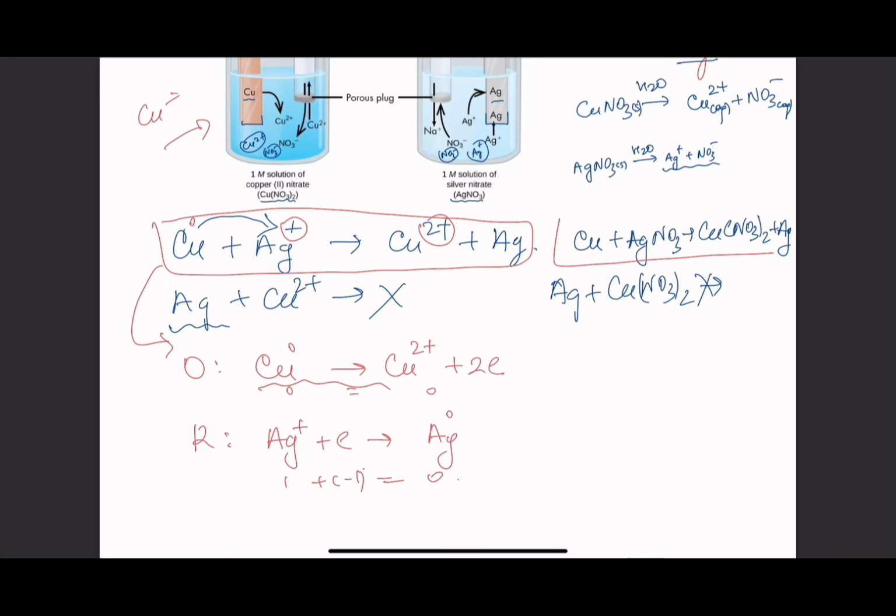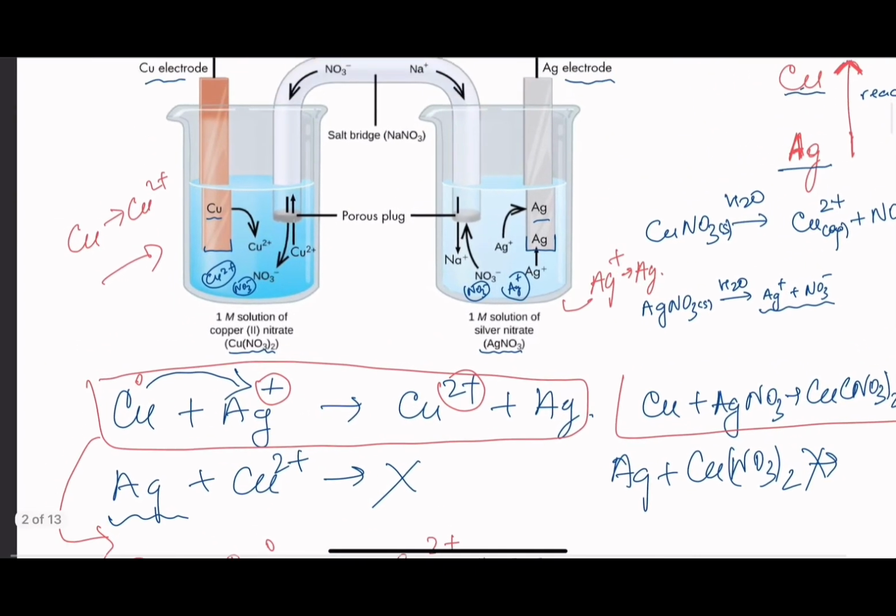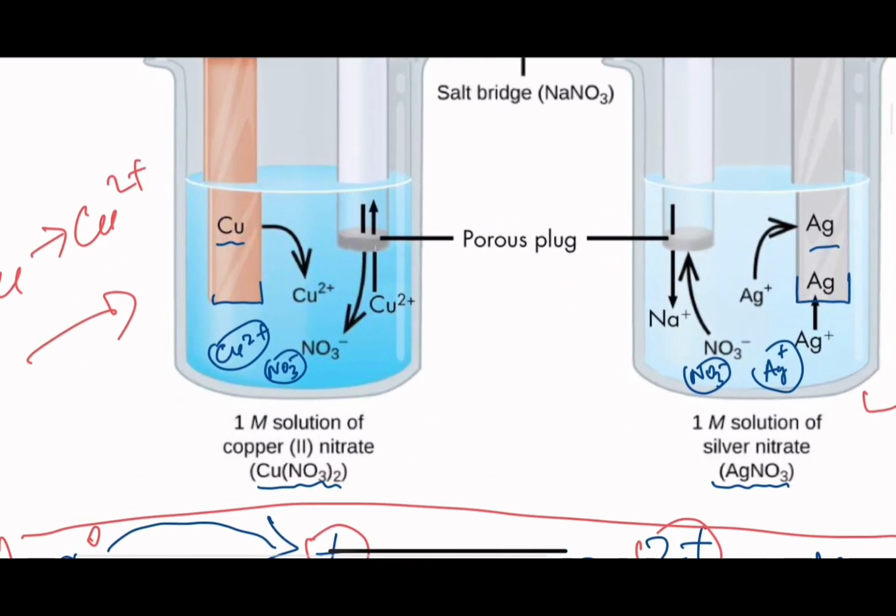So that's what happens on this side: copper going to copper +2, and on this side of the reaction, it is Ag+ going to silver 0. Okay, so as we know, the copper 2+ was in dissolved form in here, right? Copper +2 ion.